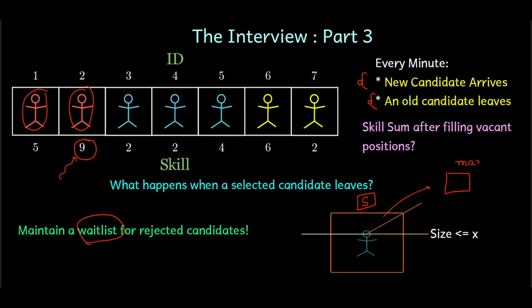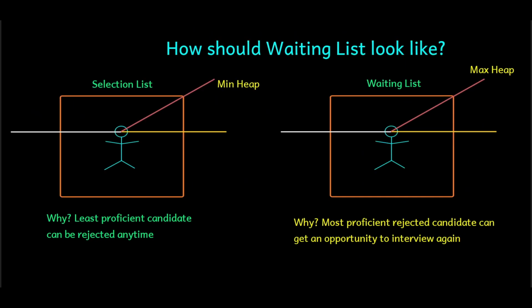Now this might also seem counterintuitive, but if you think about it for a minute, it is correct, and I'll show you the reasoning why. The reason why the selection list was a min heap is that there was a possibility that the least proficient candidate that we had selected in the past will get rejected in the future when a better candidate arrived.